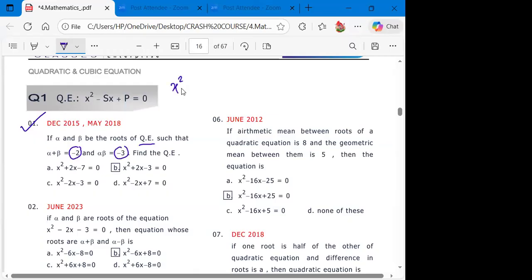X square minus sum into x plus product is equals to 0. Remembered the most important point? So, sir, final answer will be x square plus 2x minus 3 is equals to 0. So, option B, over. Understood the use of the most important formula now? Just note it down.